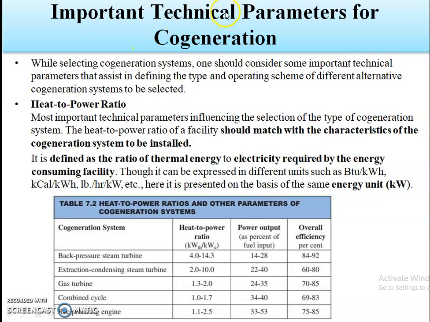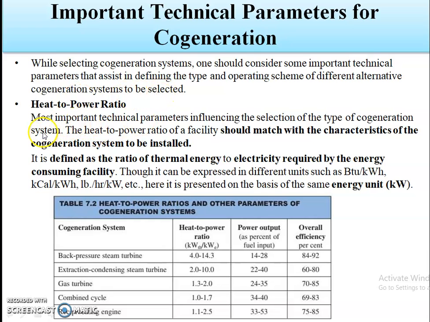Next slide, these are the important technical parameters used for the cogeneration unit. While selecting the cogeneration system, one should consider some important technical parameters that assist in defining the type and operating scheme of the different alternative cogeneration systems to be selected.